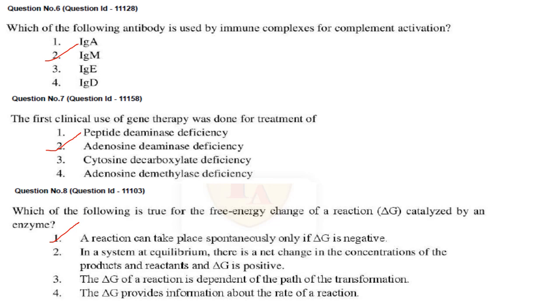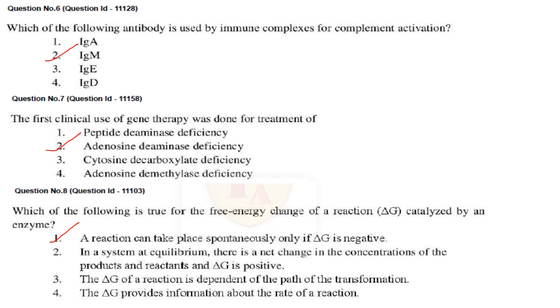Which of the following is true for the free energy change of a reaction, delta G, catalyzed by an enzyme? A reaction takes place spontaneously only if delta G is negative. That itself is correct. Next one. If a system is at equilibrium, there is a net change in the concentration of products and reactants and delta G is positive. So in equilibrium, the concentration of products and reactants will not change.